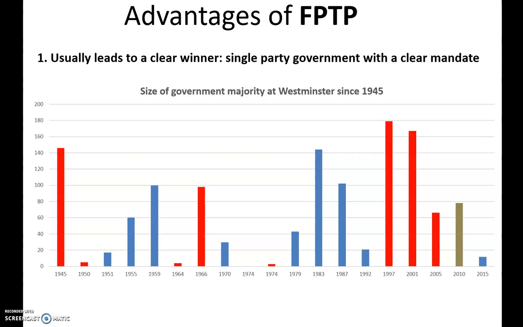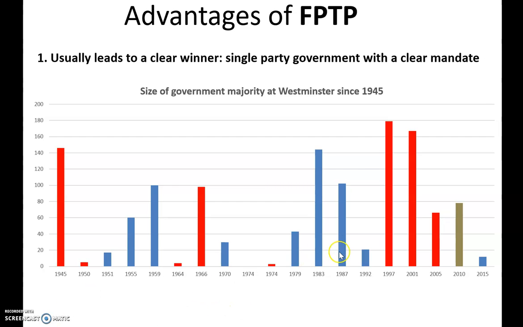So, this shows the size of government majorities in Westminster since 1945. I've missed off 2019 and 2017, which is remiss of me. I need to update this really. But 2019, that blue line would go up to about 80. You can see here that most governments in Britain have had clear majorities.